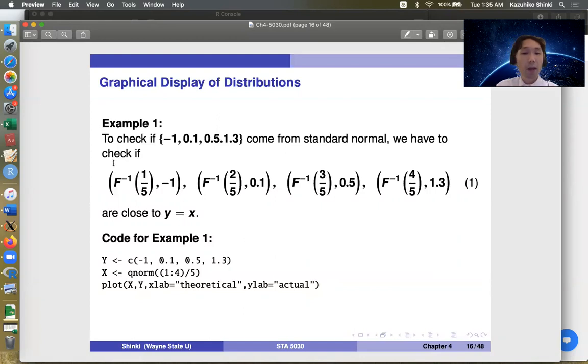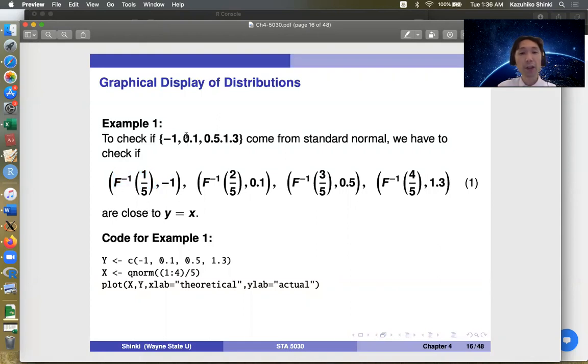If we have this as the x coordinates and the actual observations as the y coordinates, we can expect these values to be similar. This is the smallest observation out of 4, and this is the smallest value for a typical realization of 4 random numbers which follows distribution F.